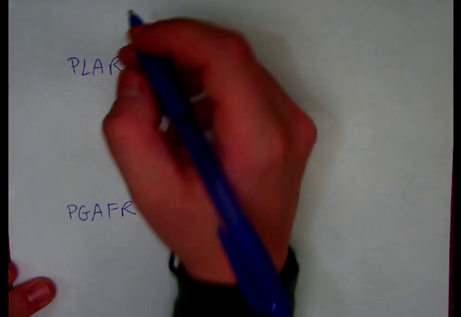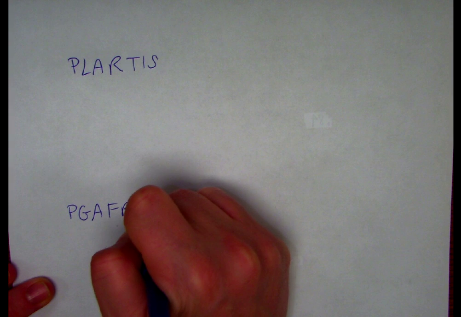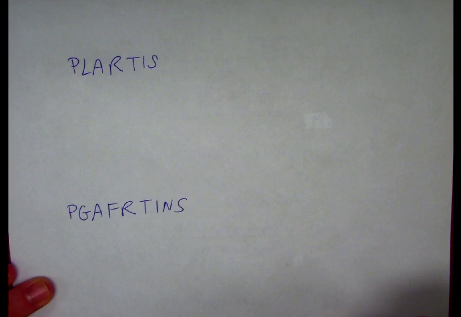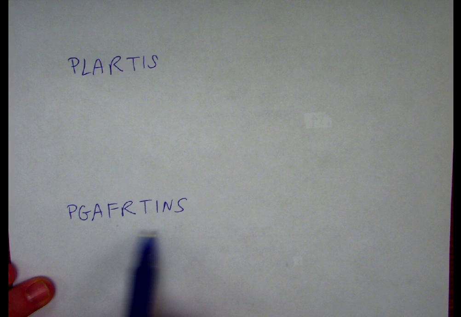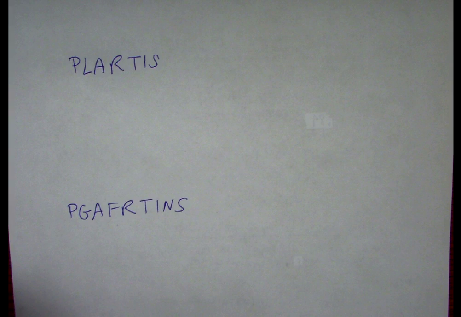I'll write this down here. But I've actually added on to it. It's actually become PLAR-TIS and PGAFFR-TINS. So it sounds like, I don't know, something from The Hobbit. But PLAR-TIS is a disease, and PGAFFR-TINS sounds like, yeah, Hobbit.